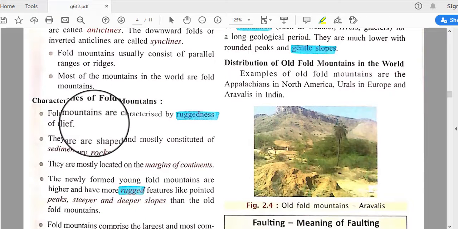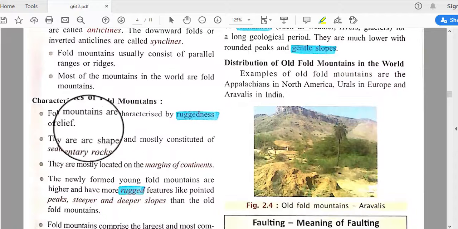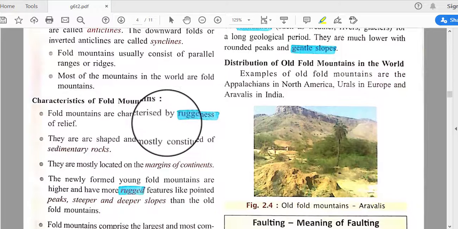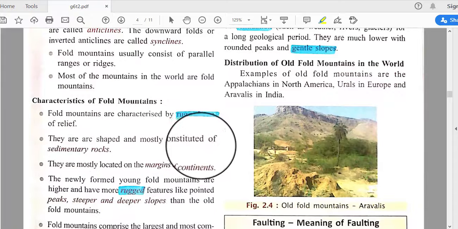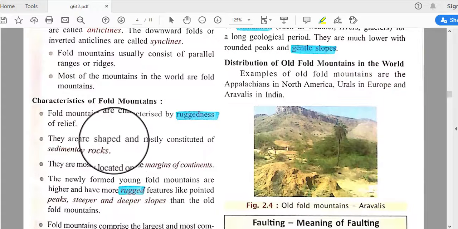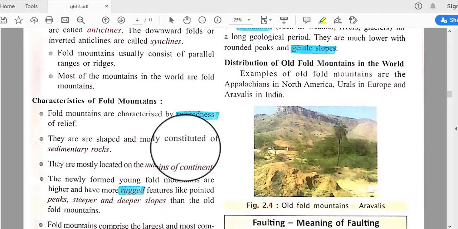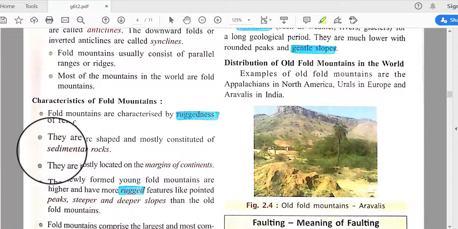Next is the characteristics of fold mountains. Fold mountains are characterized by ruggedness of relief. They are arc shaped and mostly constituted of sedimentary rocks. They are basically formed from sedimentary rocks.